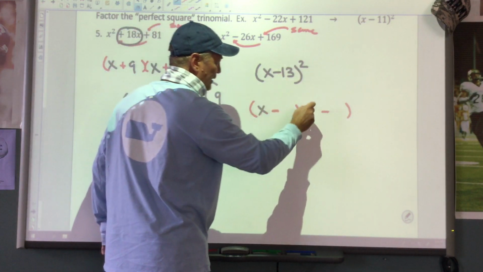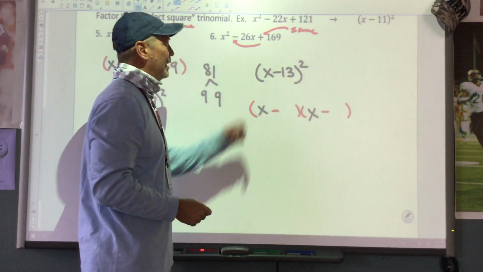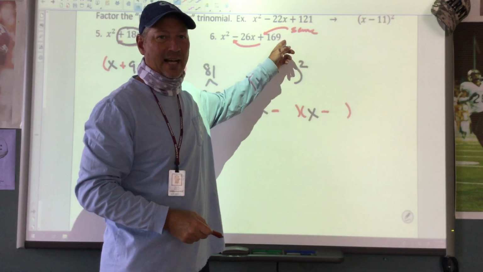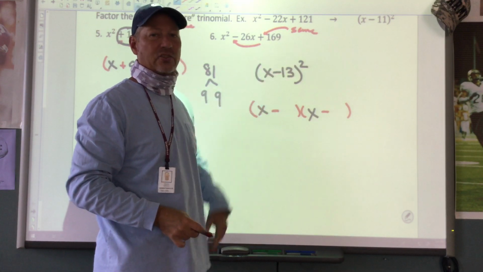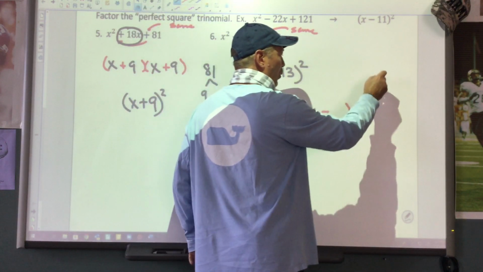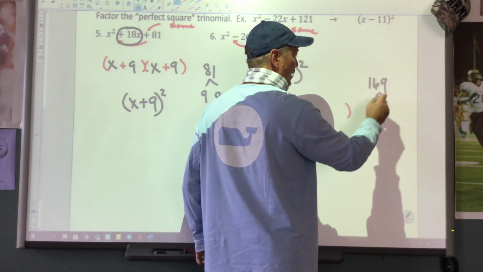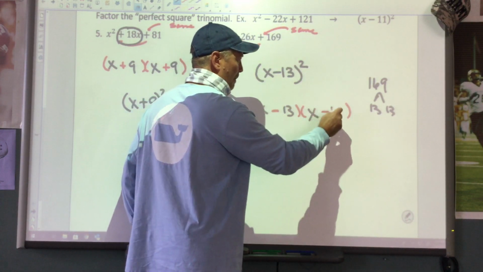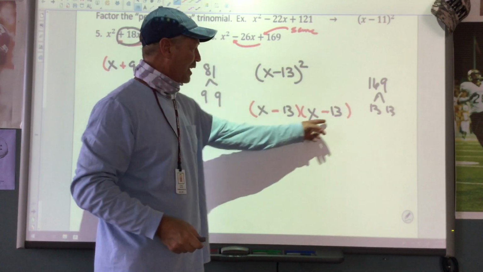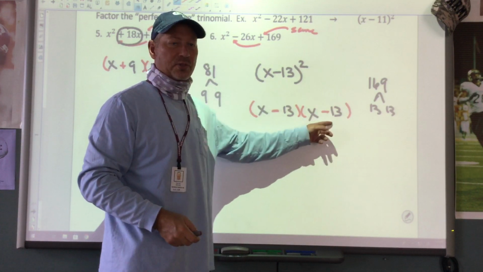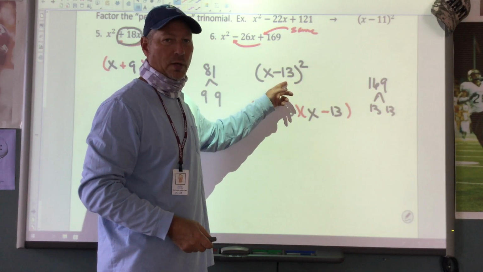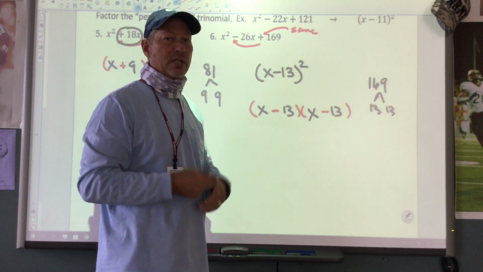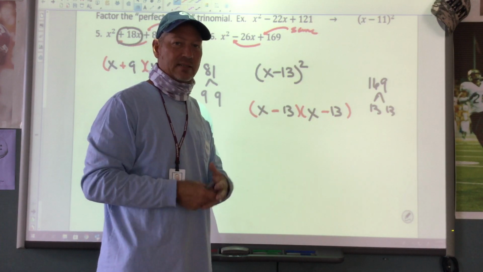We break it down as x times x, and 169 is a perfect square. It is 13 times 13. But instead of writing it as 2 parentheses, we can write it as 1. You need to get comfortable doing that to speed this up.